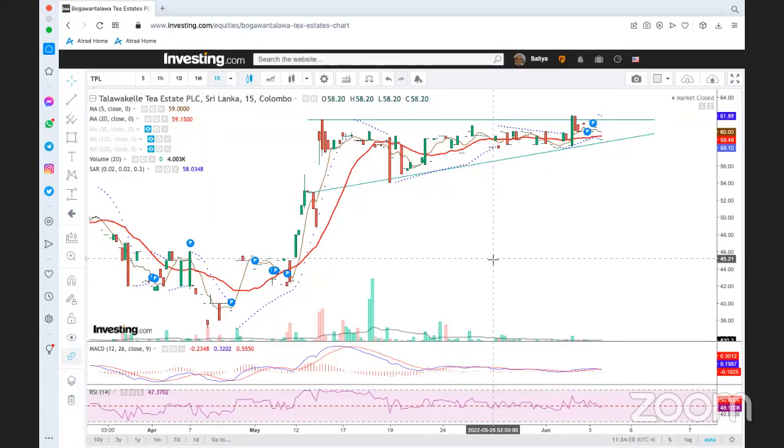We need to be mindful when we are trading the plantation counters. The quantity of shares that we are buying, we have to be really careful of, because these are relatively illiquid counters.